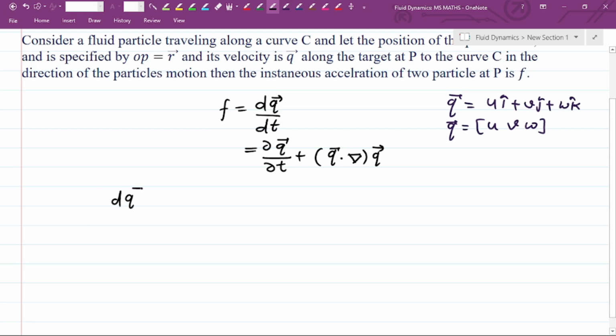So dq vector upon dt is basically dou q vector upon dou t plus q vector dot del q vector.